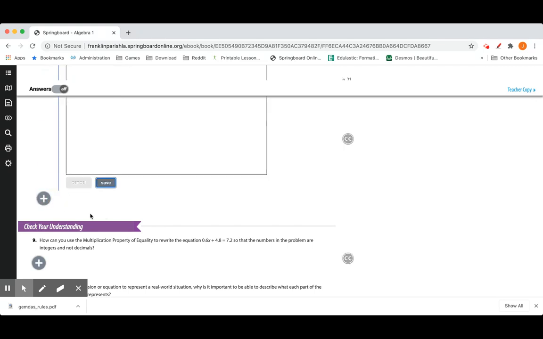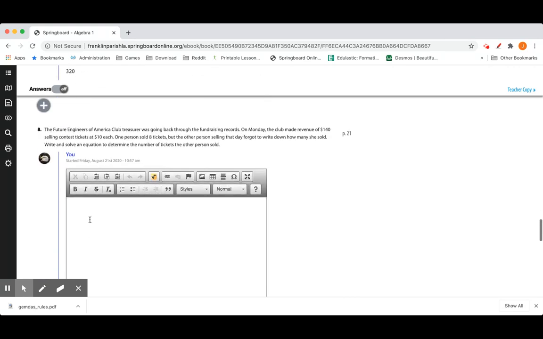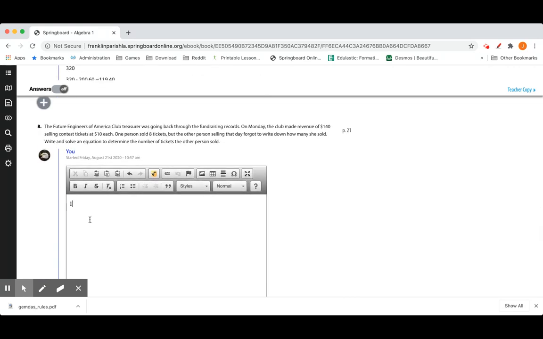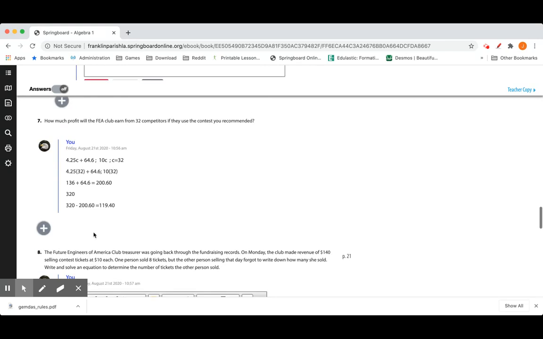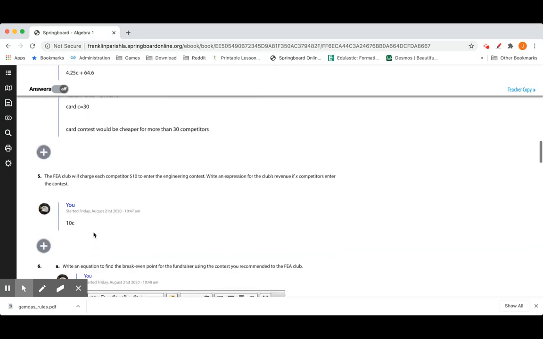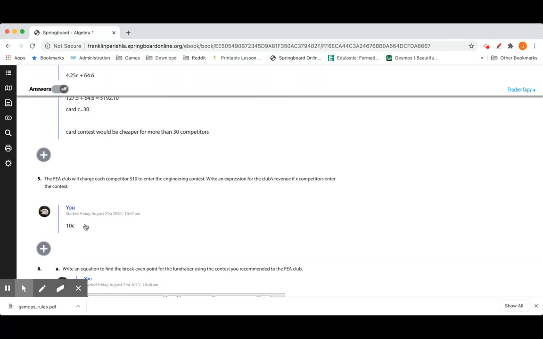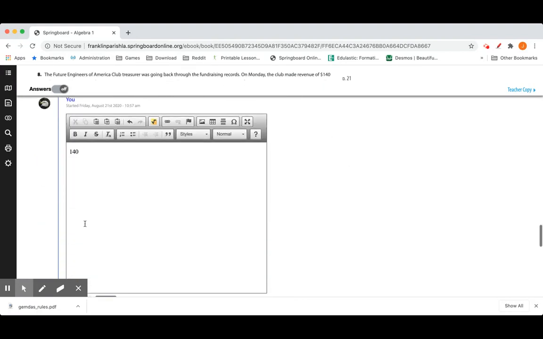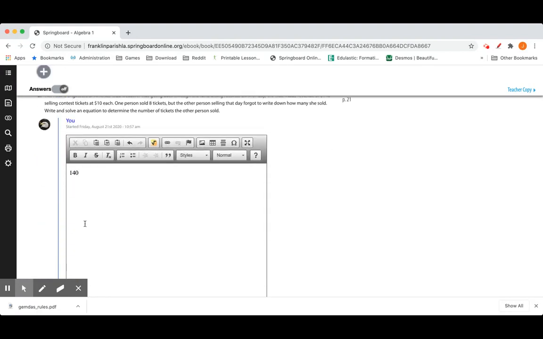All right, so we know that they made $140 of revenue. And if we go back up, we can see 10 times the number of people that bought tickets. That's going to equal 10 times, one person sold 8 tickets, the other person sold, we don't know how many tickets.